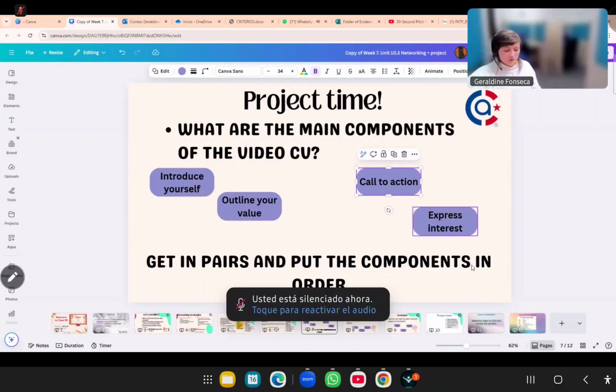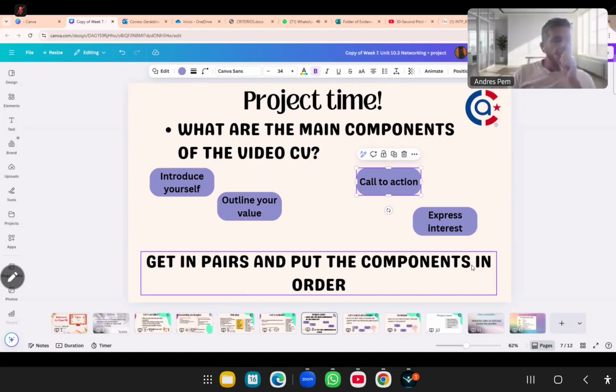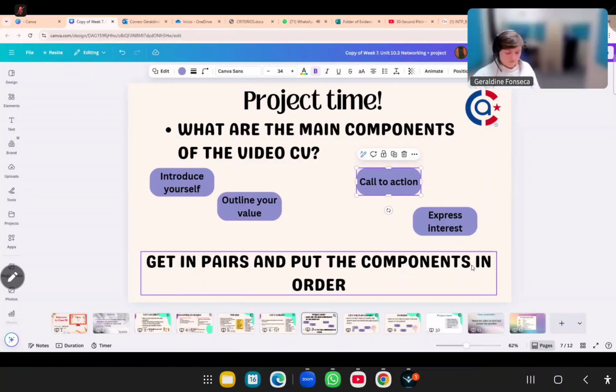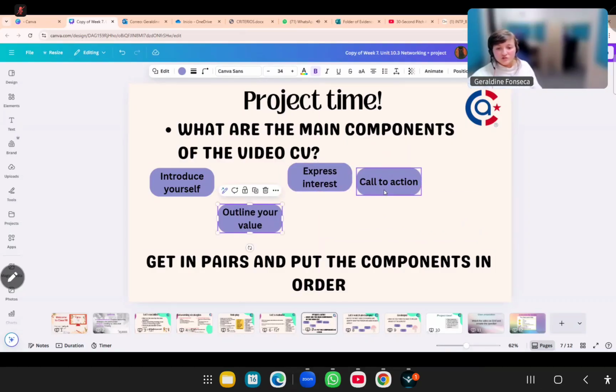Andres, what would be the third? The third is express interest. Yes. Express interest. Yes, in the company or what you plan to express interest on. That would mean the last part would be call to action.